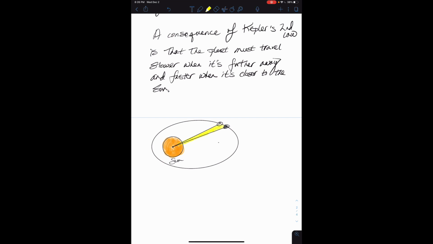And when the planet travels the same amount of time but is closer to the sun, it has to sweep out the same exact area. So let's say it's maybe here, and it's going to go a further distance, maybe to here, and sweep out this area.